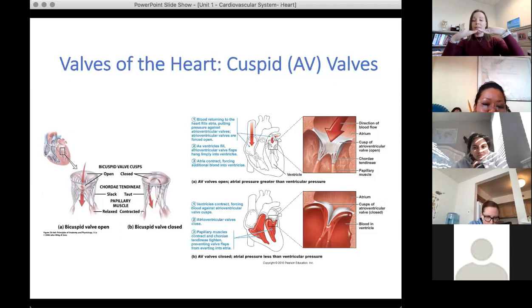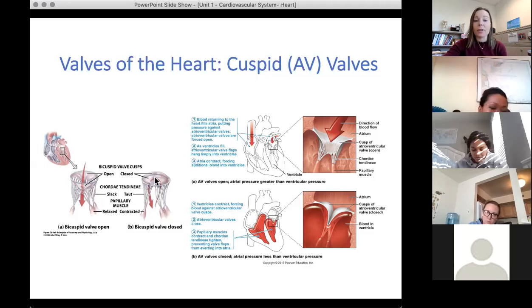And then it closes. So when I say that these chordae tendineae keep enough tension on the valve so it doesn't open the wrong way, the valve is never going to open up. These flaps right here are never going to open upwards, which would allow blood to move upward.